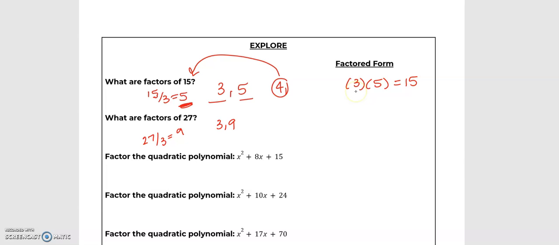The factored form is made of things that multiply together to give you a product, another value. Same thing for the factored form of a quadratic. If I factor this, it'll be x plus 3 and x plus 5, because if I multiply these two together, I get the trinomial again.